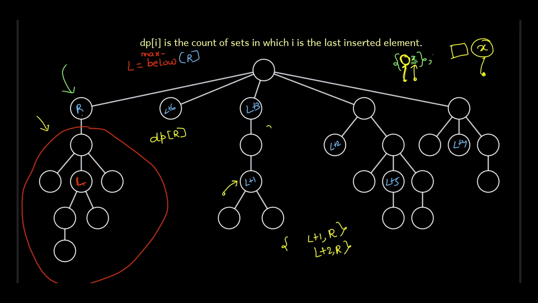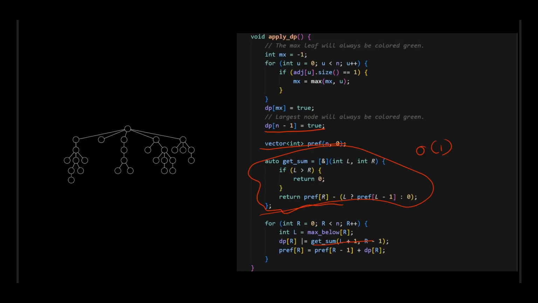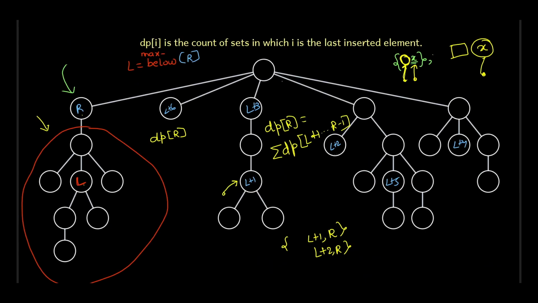So this means that dp of R is nothing but summation of dp of L plus 1 to R minus 1. That's all. So this is the same trick as before, but instead of just maintaining a boolean, we now maintain the number of ways in which this element is the last element that is entering the set.